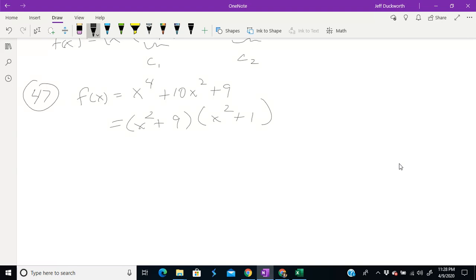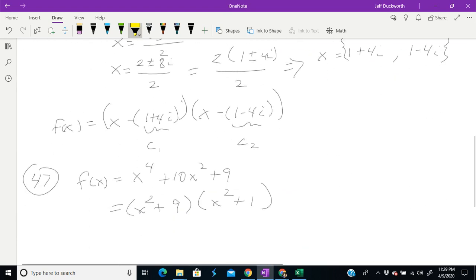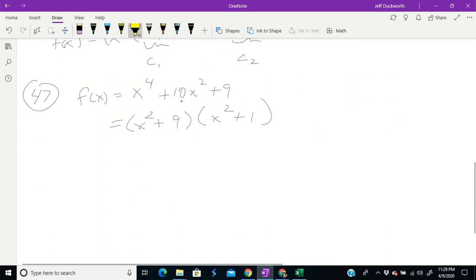Now we have two factors of the form we talked about in the first problem. So let's use this formula here. In our first case, x squared plus 9, our a is 3.